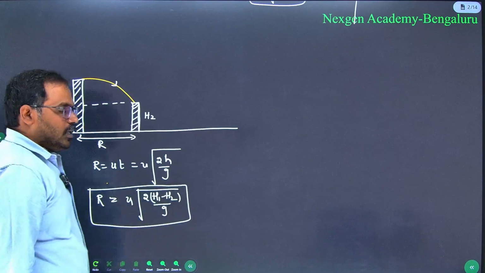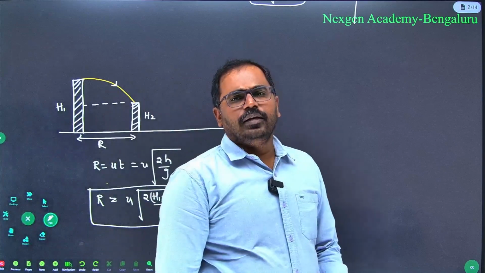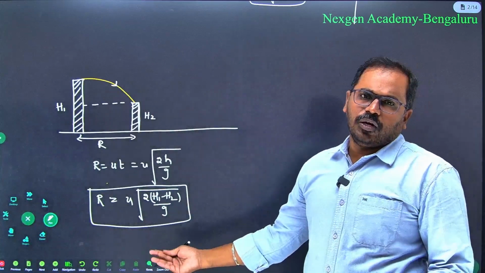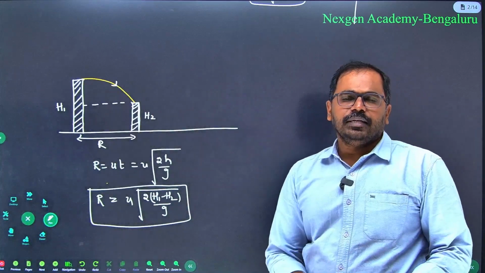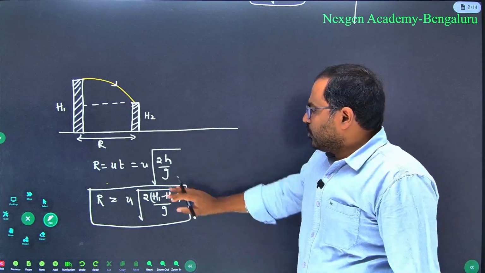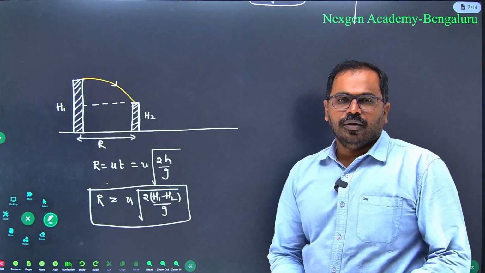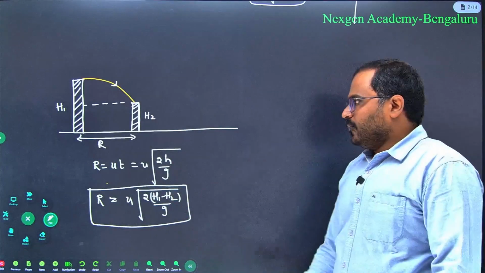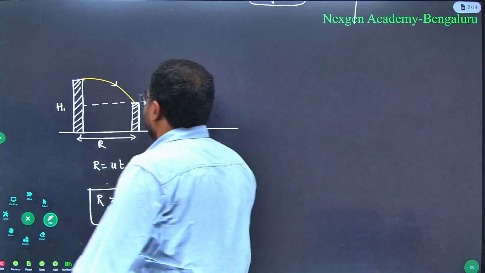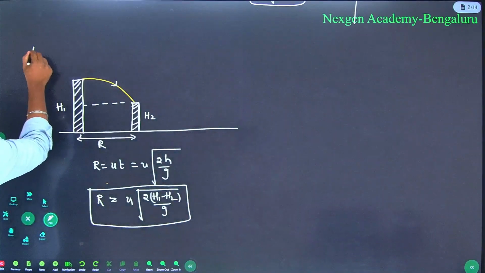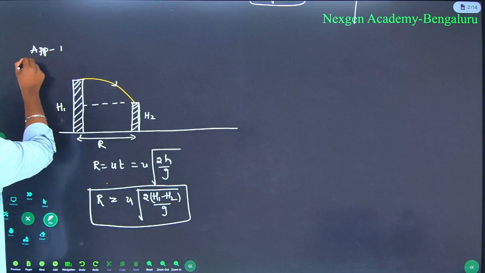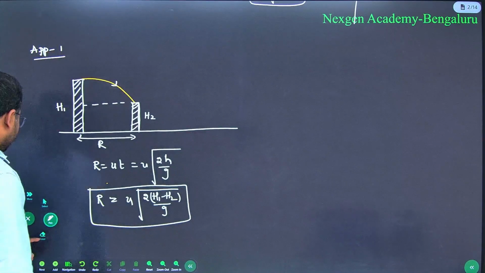Now based on this you can find either h1 minus h2, or horizontal velocity, or horizontal range. All the factors you can find using this formula. Okay, right? Then next, another application. This is one application. Another application we have based on this.